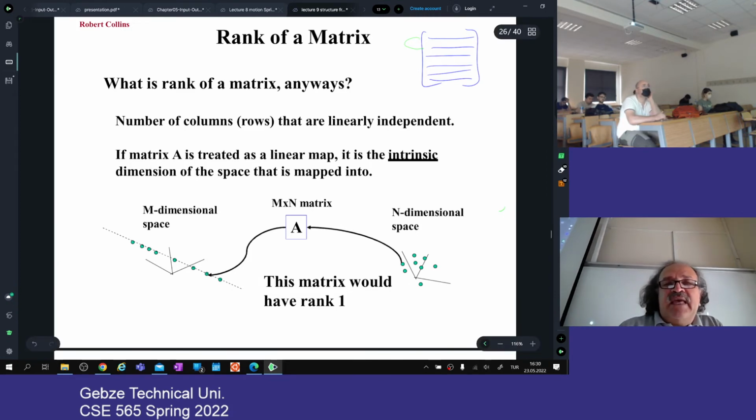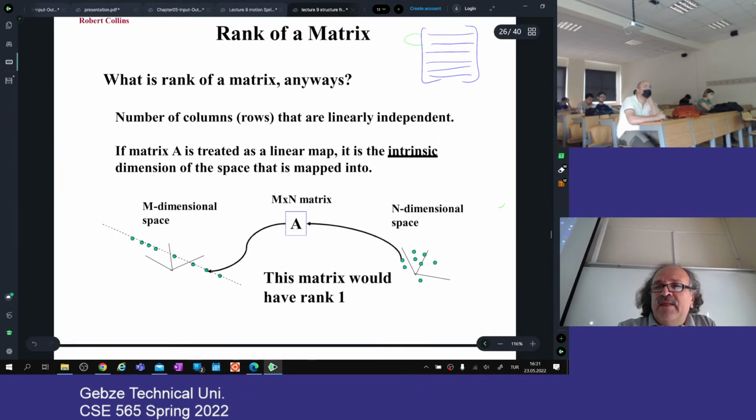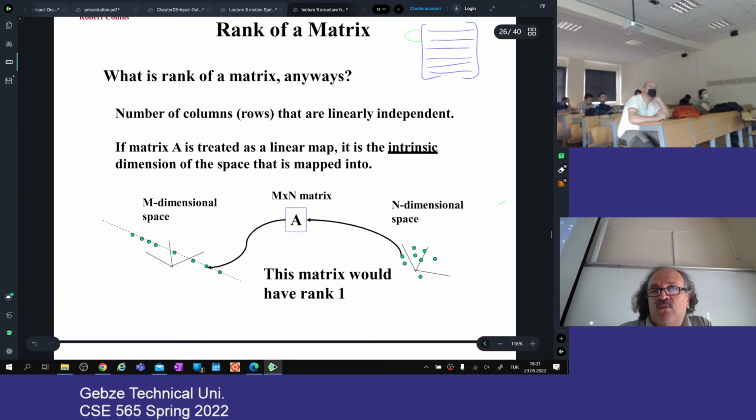If a matrix A is treated as a linear map, okay? If I can transform this n-dimensional space into a single dimension like this, this matrix would have a rank of 1. Interesting stuff, right?